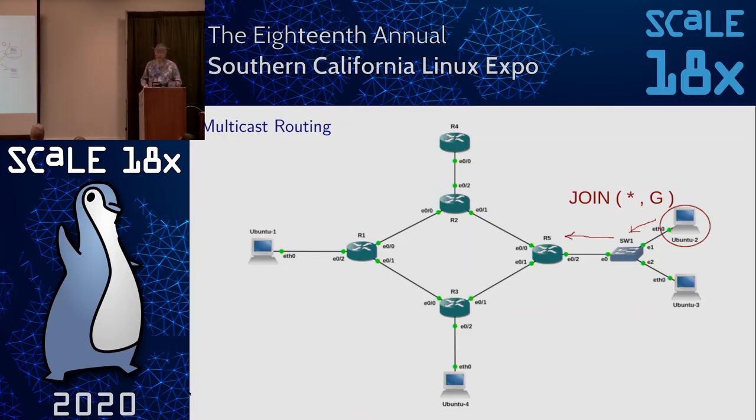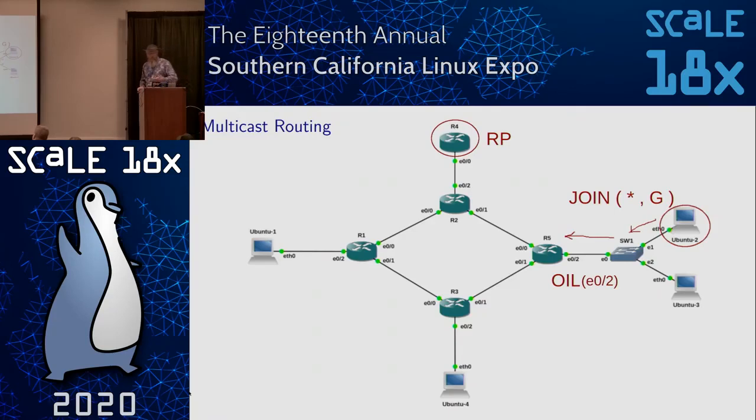R5 says, okay, I don't really know what to do with that because I'm not aware of any multicast groups. So what I'll do is I'll forward that request on towards the rendezvous point, which is a pre-configured place on the network, sort of per ASN, which is just a place where packets meet up and have happy times.